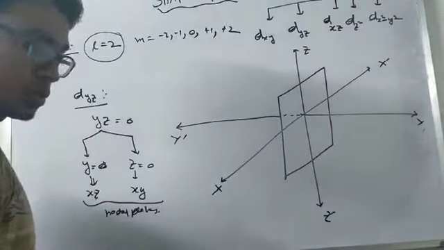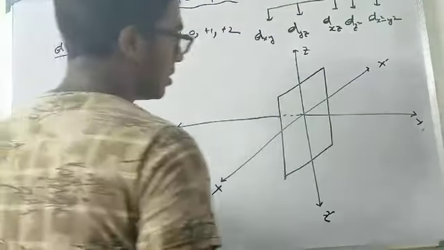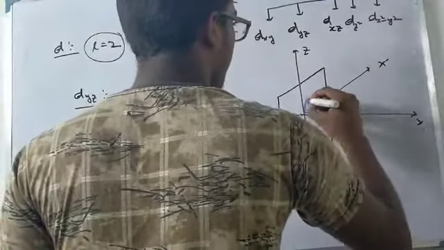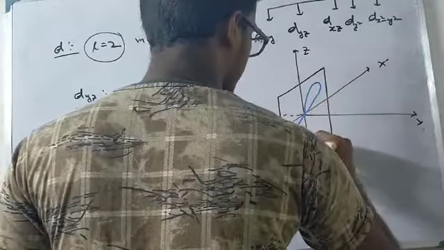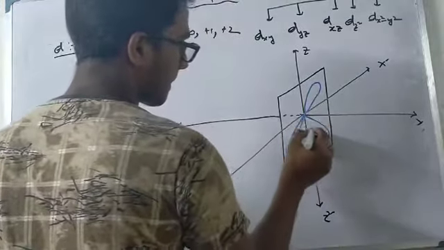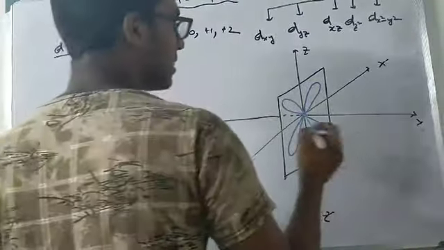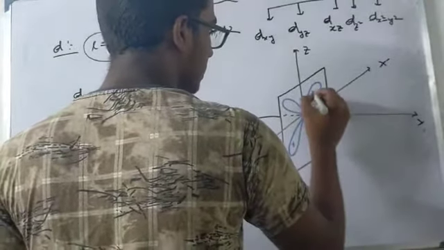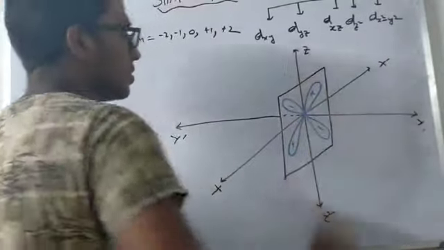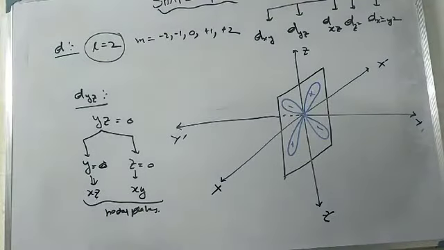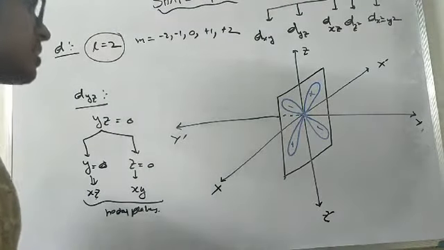So the orbital looks like that. Again, like the previous case, if this is plus, this is also plus, if this is minus, this is also minus. So this is the shape of the orbital.